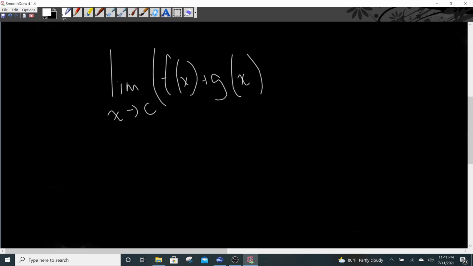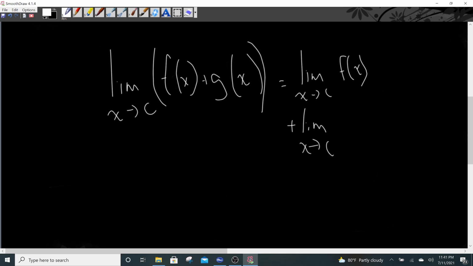And we know now that all of this simplifies to the limit as x approaches c of f of x plus g of x being equal to the limit as x approaches c of f of x plus the limit as x approaches c of g of x.